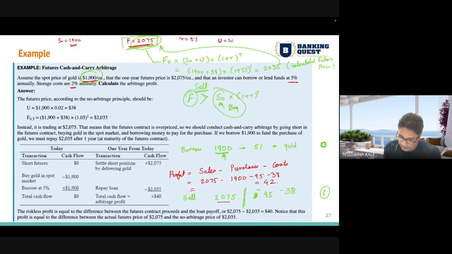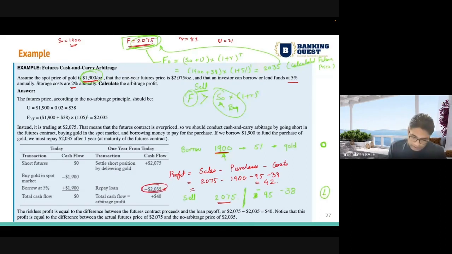I am getting 2 rupees extra. I am selling at 2075, borrowing at 1900. When I borrow, I will have to pay the interest also. Just a sec, let me do the calculation. I'm getting 2 rupees extra. I think this is the wrong figure.